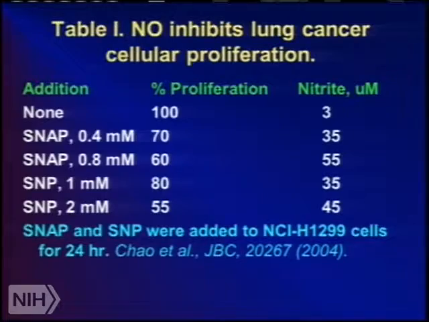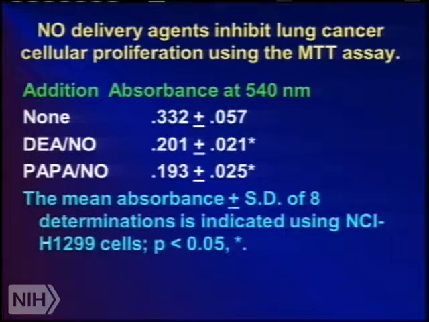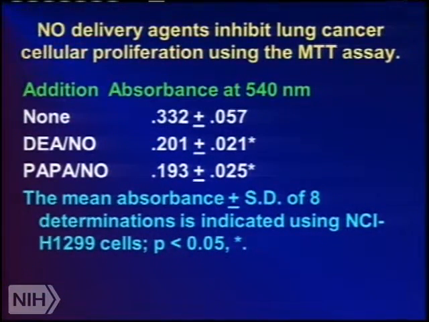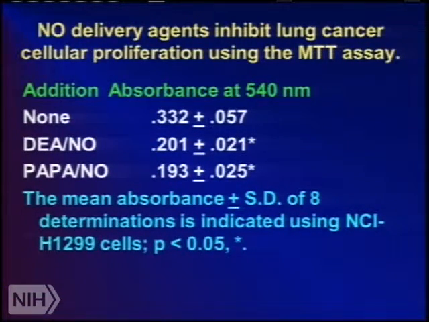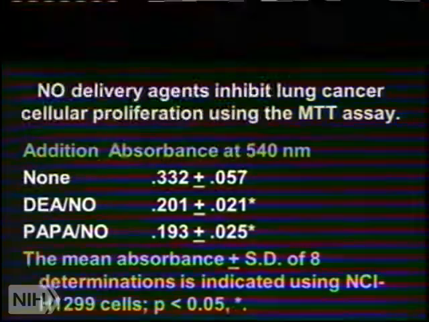And it's possible that the nitrite can be metabolized to the nitric oxide as well. Here, we've added the nitric oxide delivery agents, Dino or Papano, and we see that the growth goes down in the lung cancer cells.